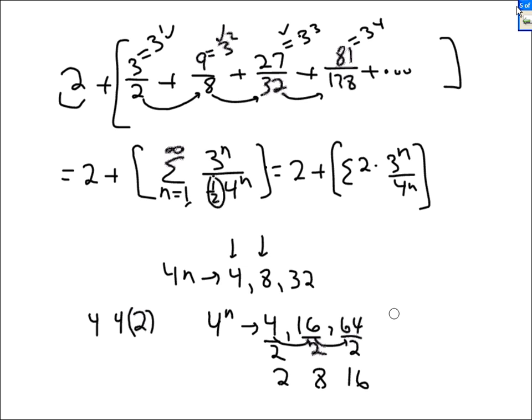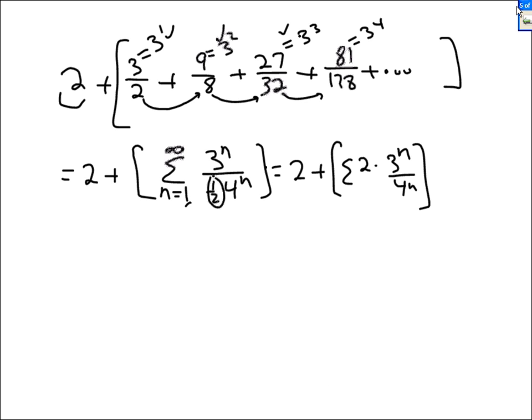And now we're ready to really start progressing here. This constant 2 can come in front of the summation. It's 2 times the summation of 3 to the n over 4 to the n, as n goes from 1 to infinity.